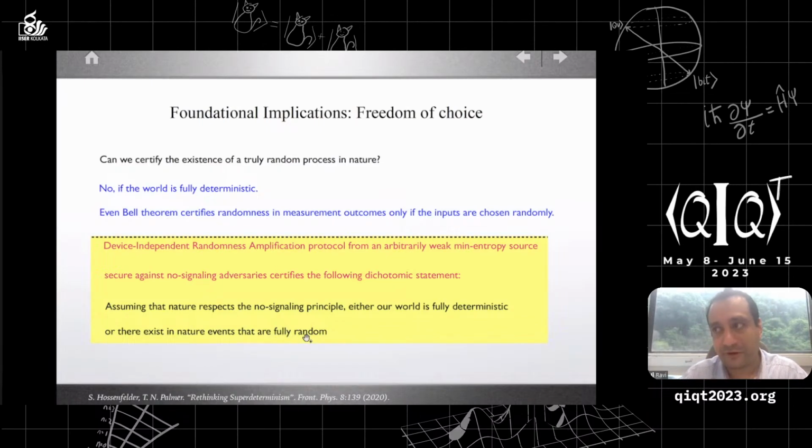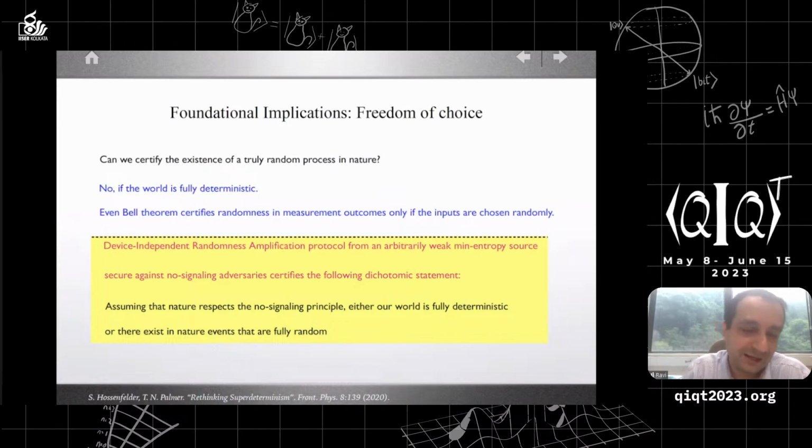Simply because we said that the seed has some amount of randomness to it. Now we have a physical procedure that is producing finally some output bits that are arbitrarily close to uniform, which means that this is a physical process that is producing randomness that is truly random. So either the world is fully deterministic or there exist in nature events that are fully random.